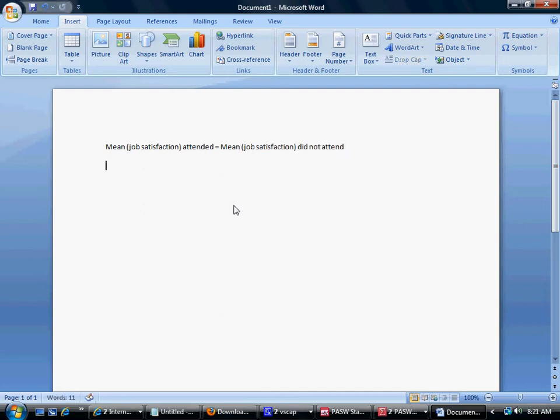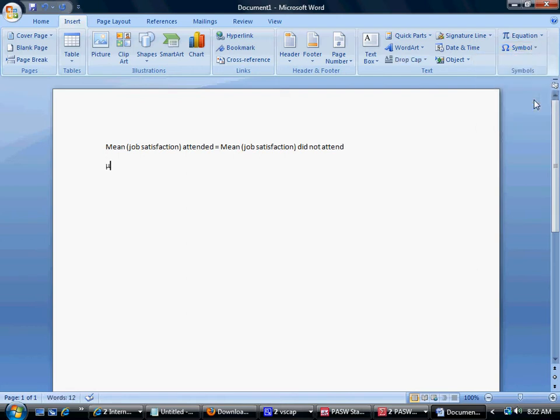Now, in statistical notation, the mean of job satisfaction is indicated by the mu symbol. And if you're in Word and you go to Insert up at the top and you go over to the symbols on the right, for me the symbol at the mu is right here. If it doesn't appear right there, you can click on More Symbols and find it.